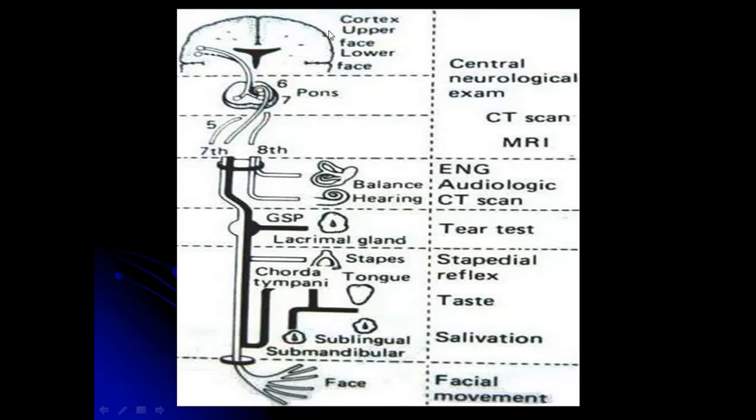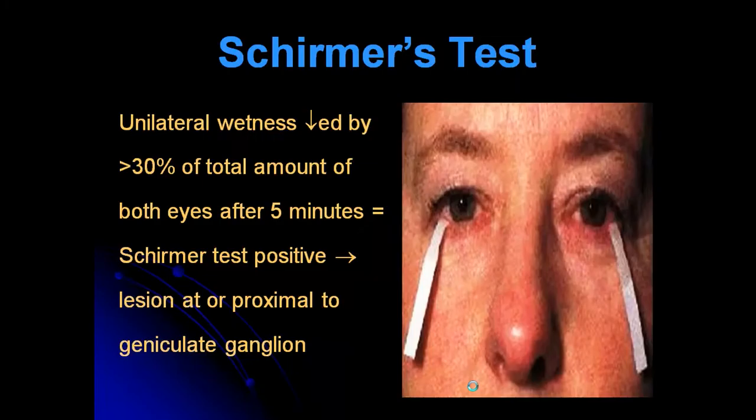So as you could see, there are many things involved. Central and neurological examination, CT scan and MRI, electroneuronography, audiology, tear test which is the Schirmer's test, stapedial reflex, taste, and salivation. Facial movements you can see.